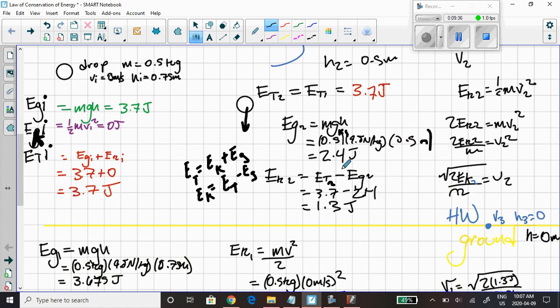We just calculated that the gravitational potential energy when it has this new height of 0.5 meters is 2.4 joules. So 3.7 joules minus 2.4 joules leaves 1.3 joules. That means the kinetic energy of this object when it is at this new height of 0.5 meters is 1.3 joules. Think about that a little bit. Pause the video, think about it a little bit, okay?